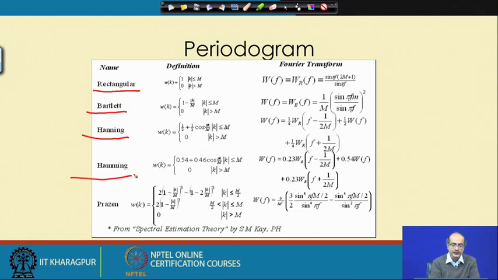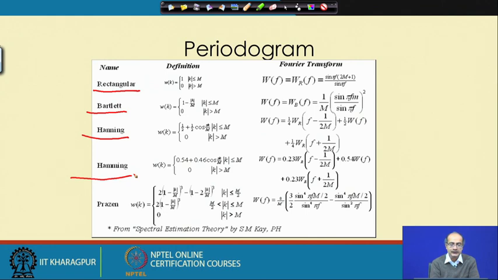to take care of the side lobes, but for the one which gives more attenuation in the side lobe, we need to keep in mind the main lobe width increases for that window more.